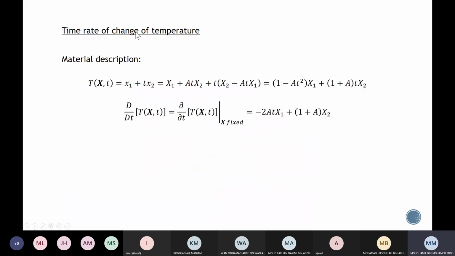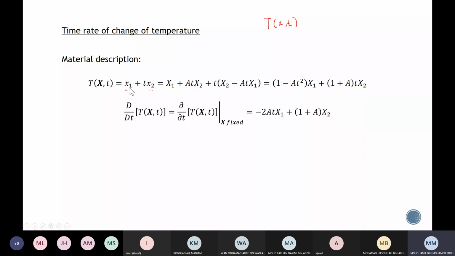And then to find the time rate of change of temperature, so basically you need to find the T in material description. You are given the T in spatial description in small x. So what you can do is substitute the mapping into x1 and x2.